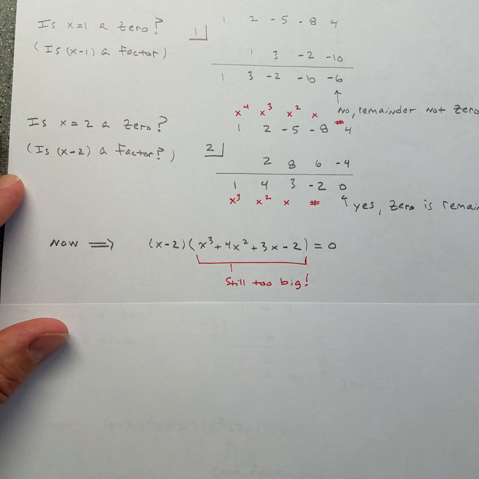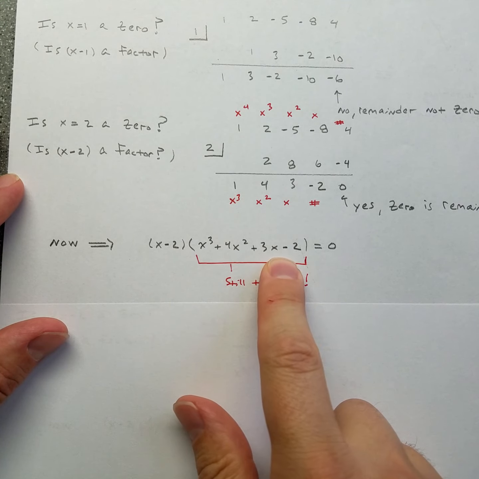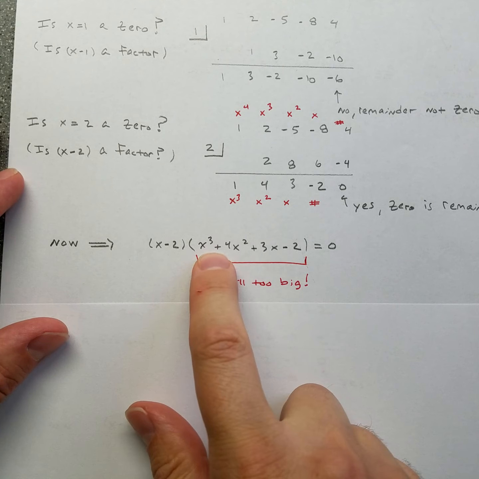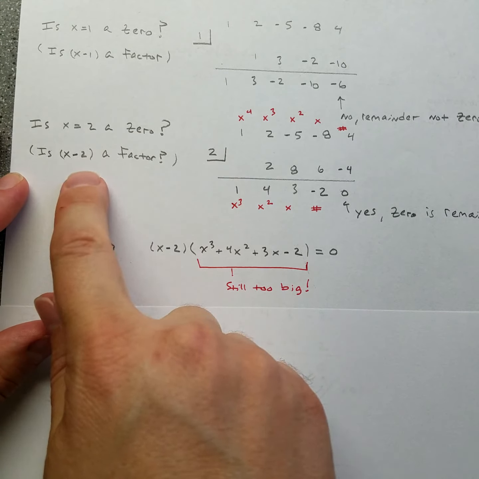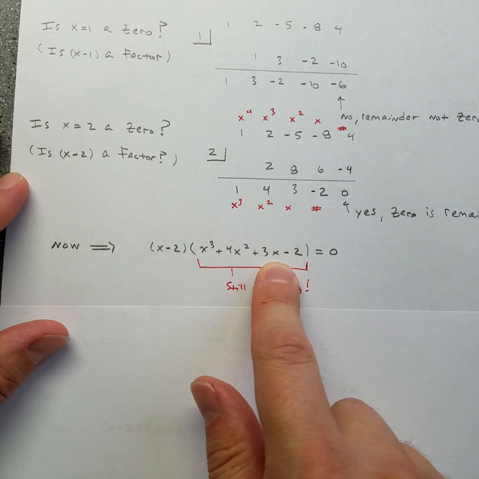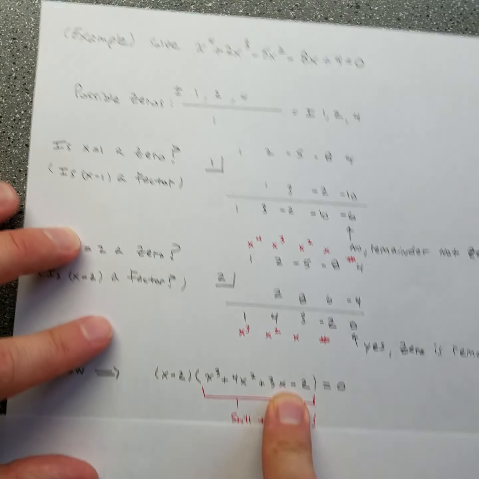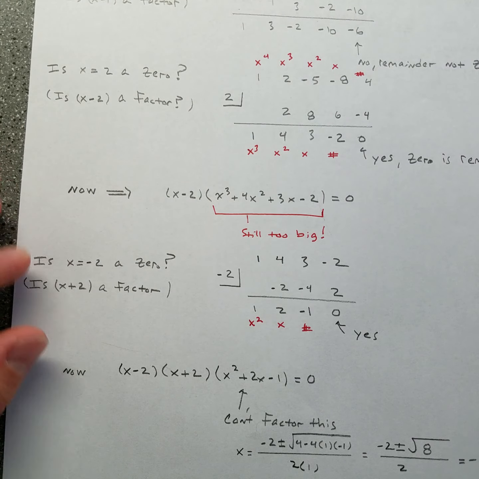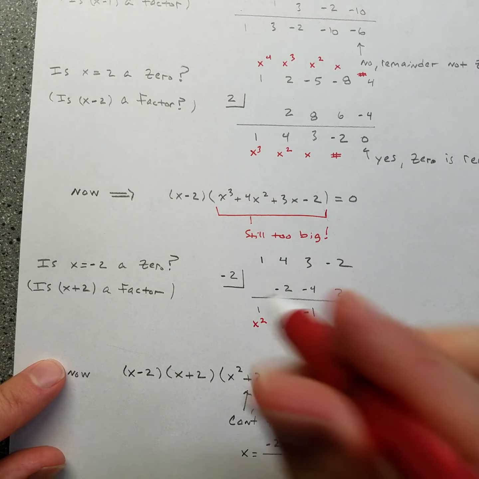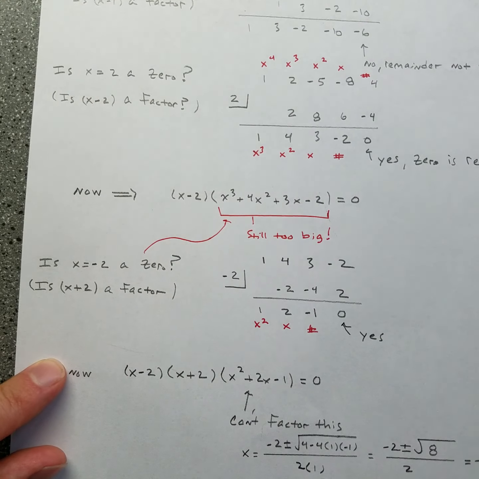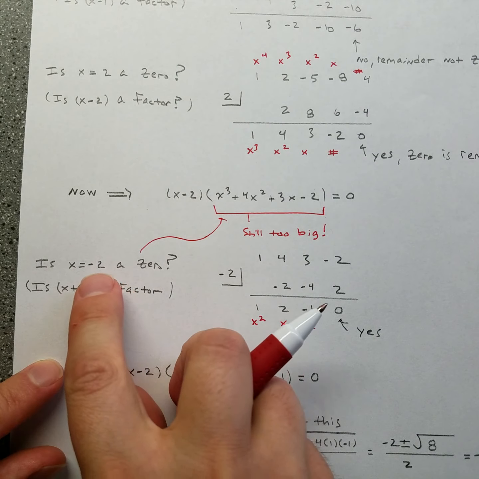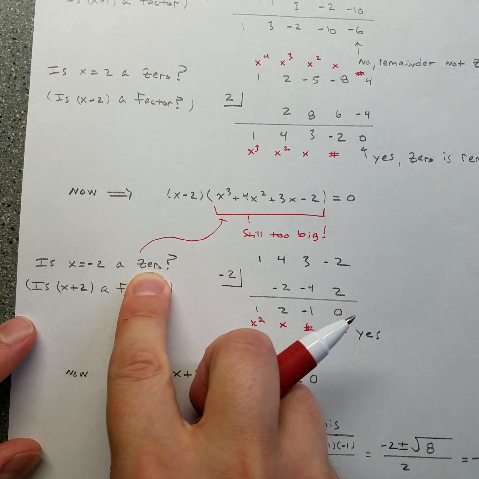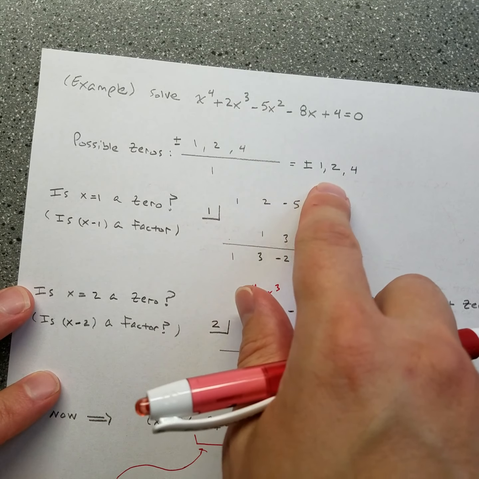So I'll now take that and I'll try to find zeros and factors of it. And the possibilities are no different than the numbers on that list. So here's what I tried. I said, okay, of this thing here, could -2 be a 0? That was another number on the list after all.